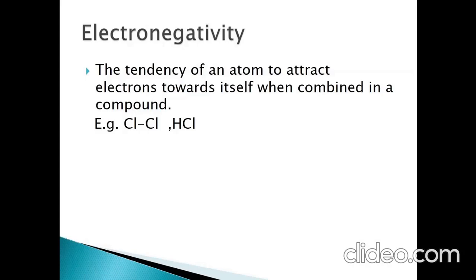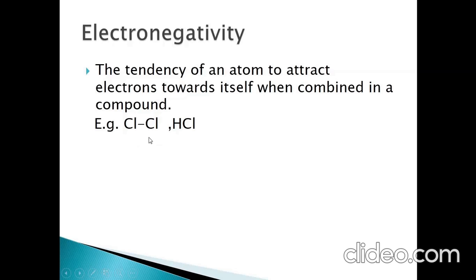Now let us study the periodic property, that is electronegativity. Yesterday we studied electron affinity, ionization potential, and atomic size. Now what is this electronegativity? In simple words, it means greedy element. They accept electrons or electron pair. For example, you can see here the chlorine molecule.